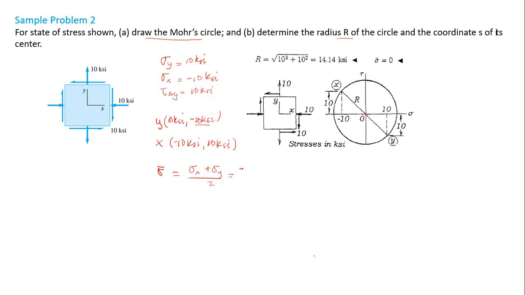So atong sigma x is negative 10 plus atong sigma y is 10. So negative 10 plus 10 is 0. Okay? So radius, dali ra kayo. Trigonometry nato, distance lang sa coordinates. So dali ra kayo. Okay?